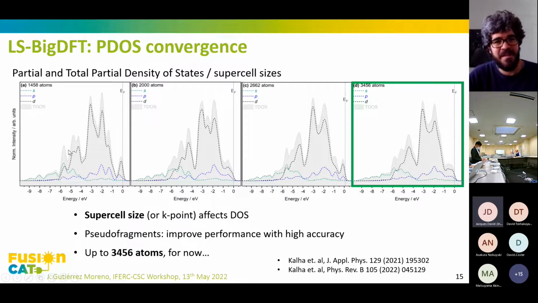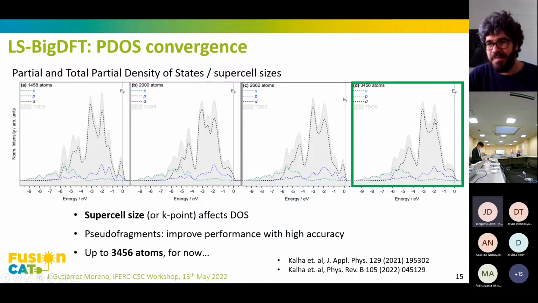But as you see here, if we progressively increase the number of atoms in the system, the electronic density of states gets smoother, or I would say better, but you will see the comparison later. Especially if you compare states here at the tail, or here at the two main peaks in this region, and also states at the Fermi level, you see that everything gets smoother and more nicely converged as we increase the number of atoms in the system.